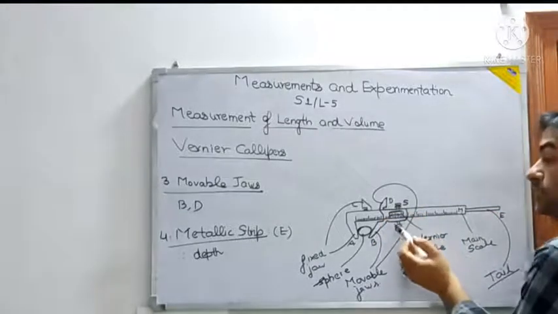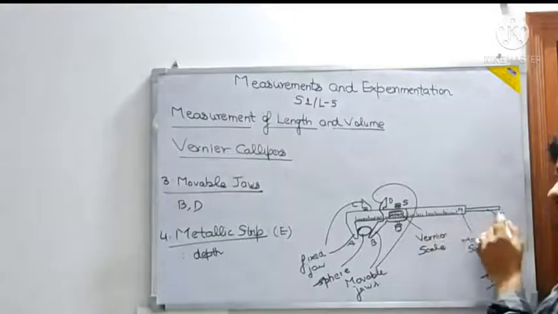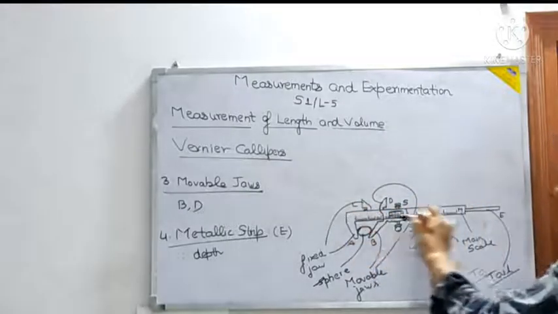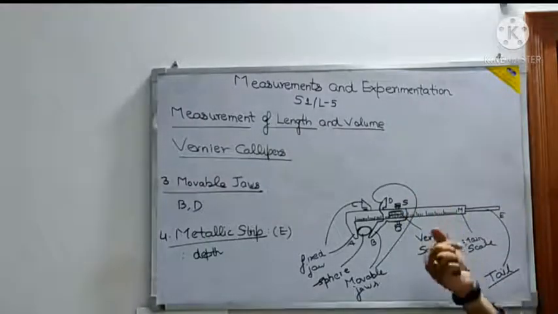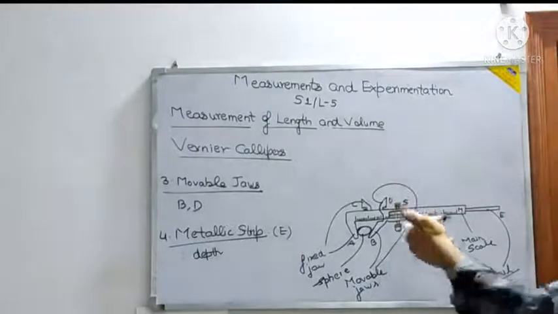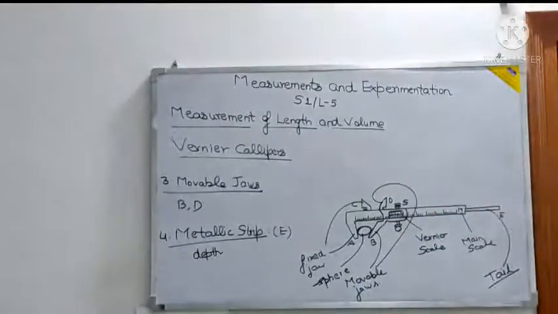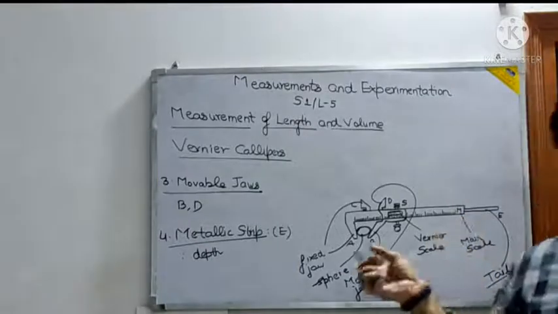That means the movement of the vernier scale on the main scale causes a movement of the tail also. So this tail can go inside and come outside. At the back of the main scale, it slides inside it. So with the movement of the vernier scale, the metallic strip or the tail also slides.